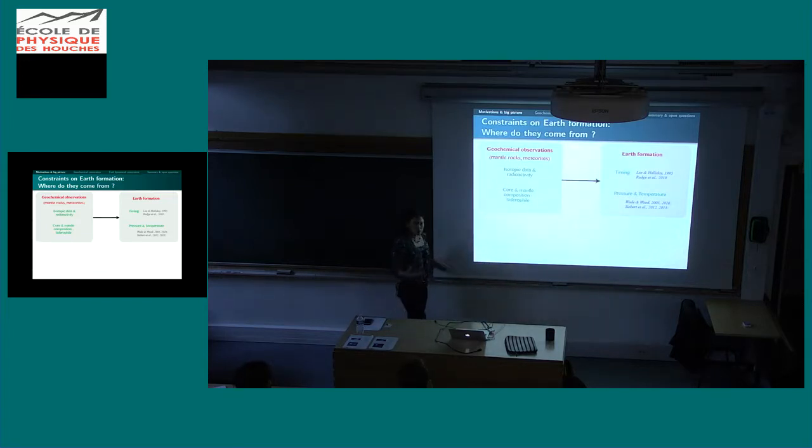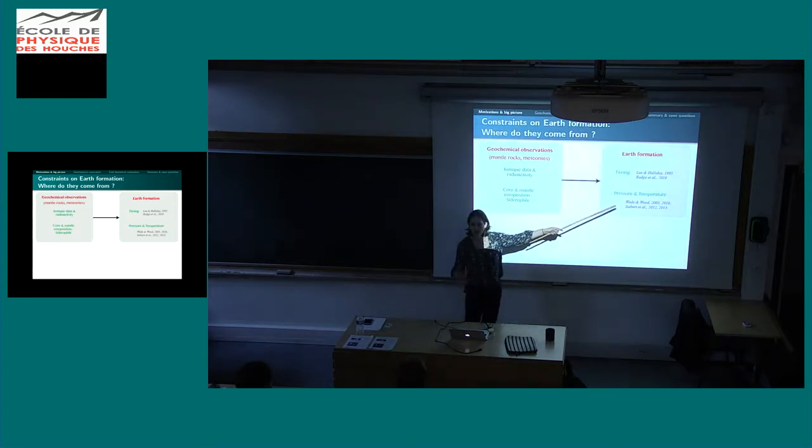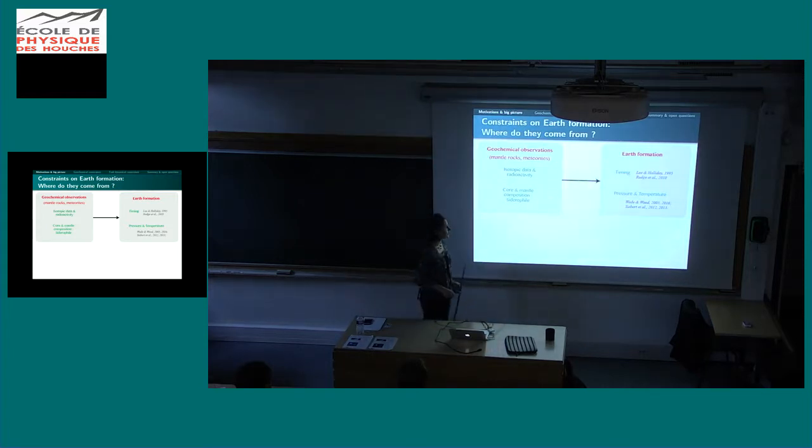But the composition of the core and the mantle also gives you information, because when the core and the mantle differentiate, elements partition between the core and the mantle. And the partitioning of elements depends on pressure and temperature. So the composition of the core and the mantle will tell you something about the pressure and the temperature during core-mantle differentiation.